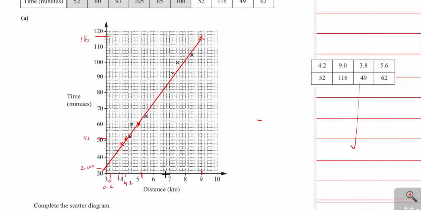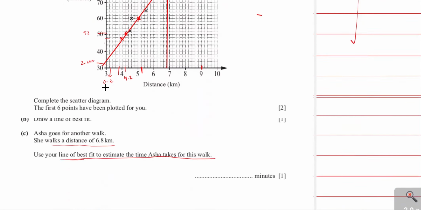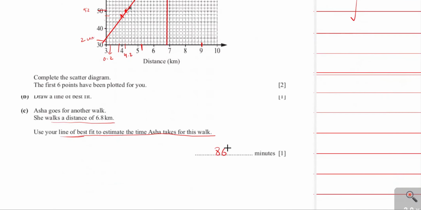Look here, this is the position 6.8. We will draw the vertical line, and this vertical line meets the line at this position. We will draw a horizontal line, and this horizontal line meets the time axis at point 86. This is 86 minutes. And the answer here is 86 minutes.